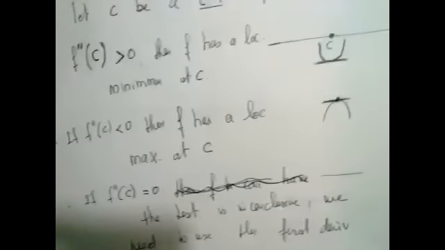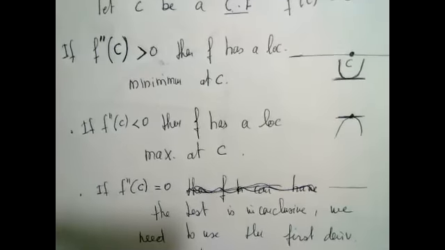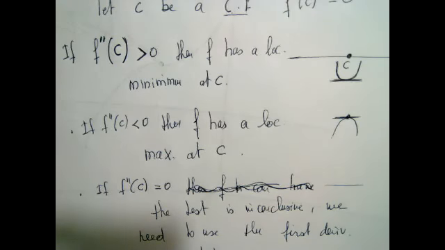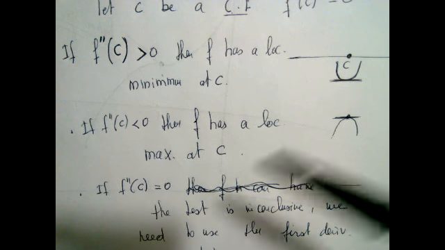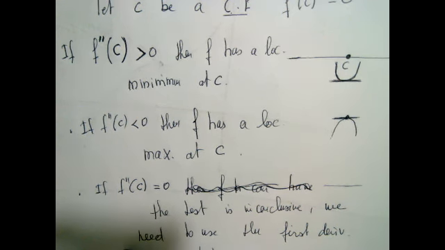All right, so before we start practicing this, I need to ask you the following question. I think you can do it. Give me an example of a function such that the function has a critical point at 0, the second derivative is 0 at 0, and the function has a local max.